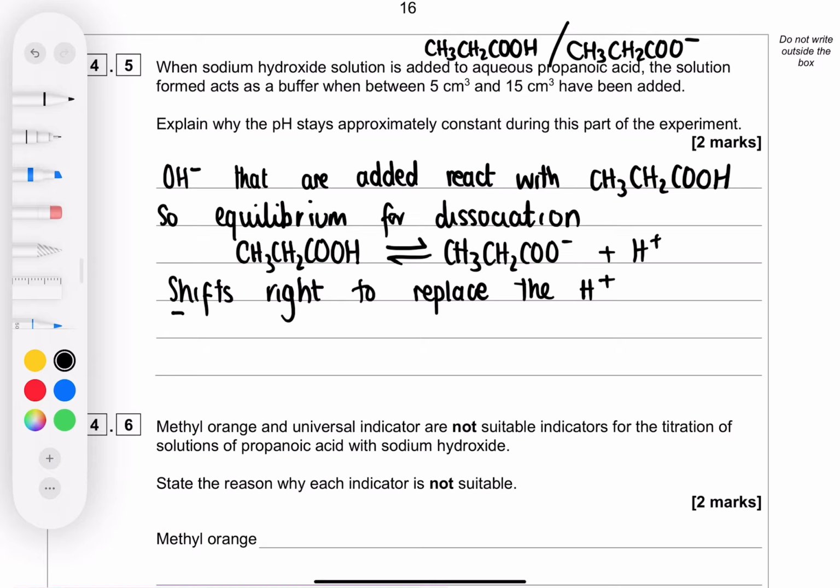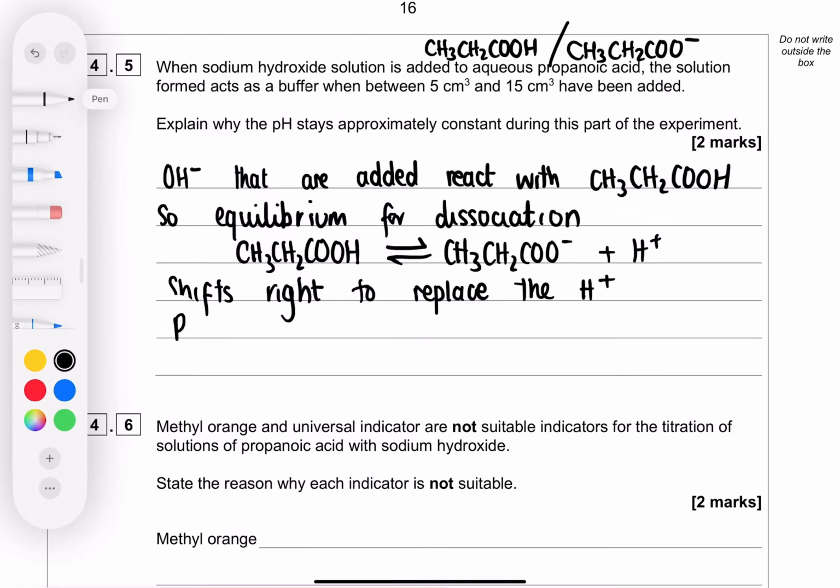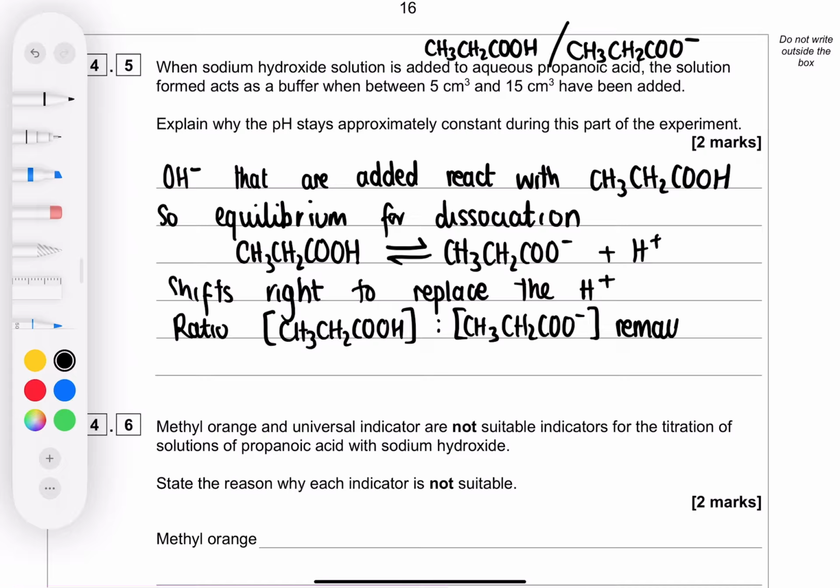And the ratio of the concentration of CH3CH2COOH to CH3CH2COO minus remains constant. So on this top part, you could have said either propanoic acid or H+. They're reacting to make more salt and replace any H+ that had been removed.